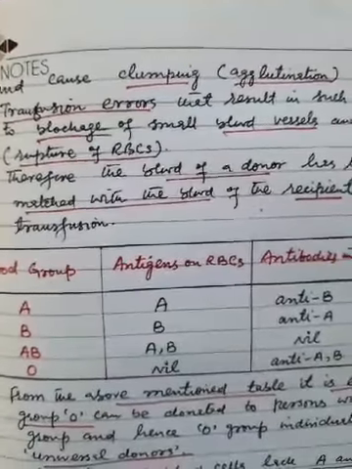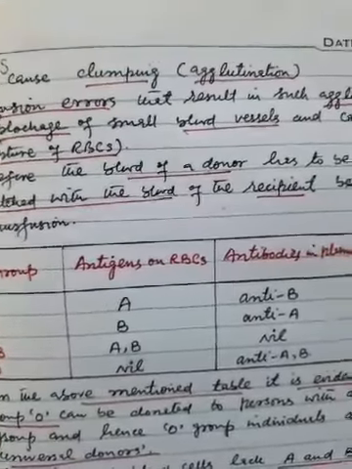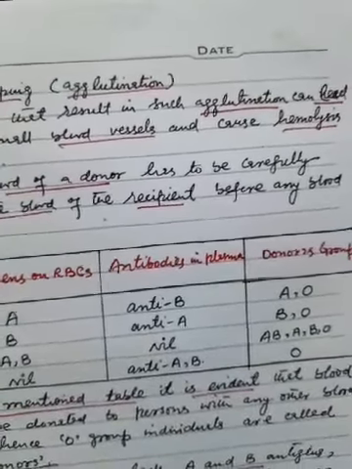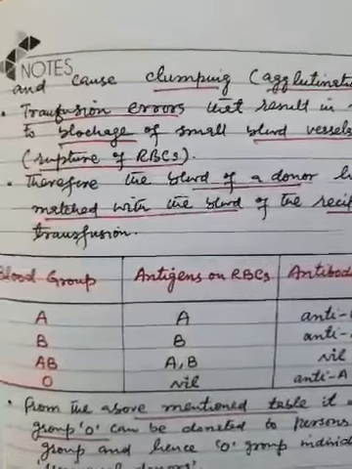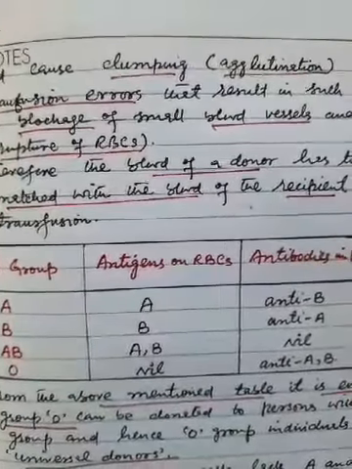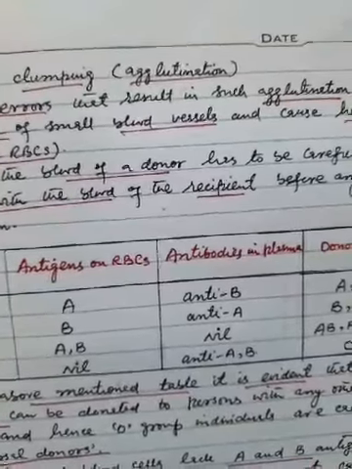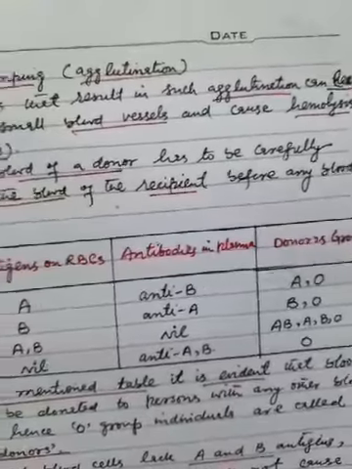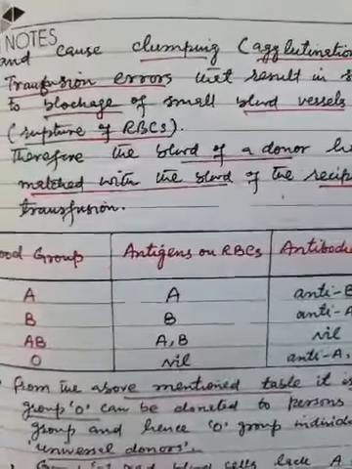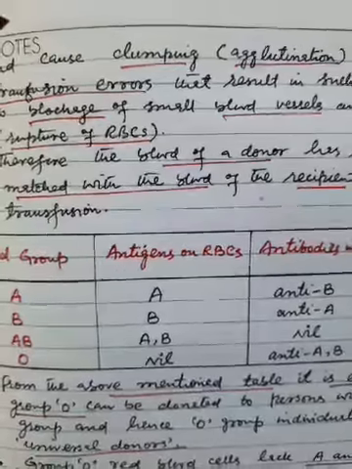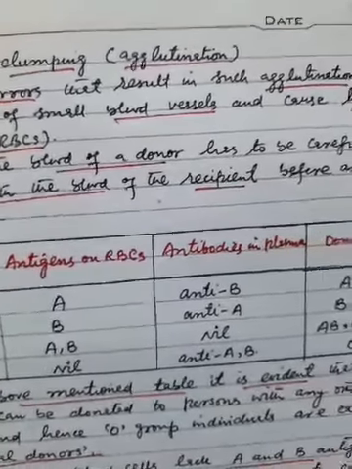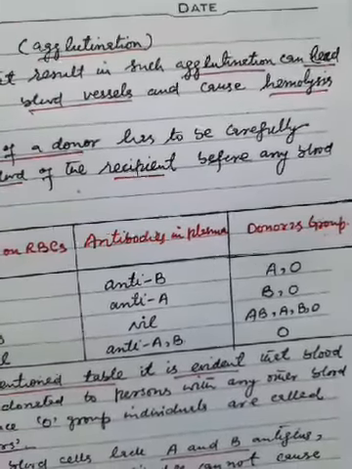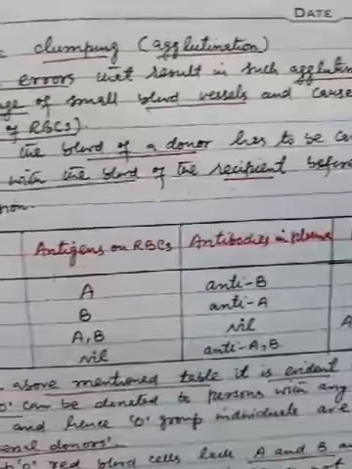Blood group A has A antigens on RBCs, anti-B antibody in plasma, donors group is A and O. Blood group B has B antigens on RBCs and anti-A in plasma, donors group is B and O. Blood group AB has both A and B antigens on RBCs but no antibodies in plasma. Donors group is AB, A, B and O.